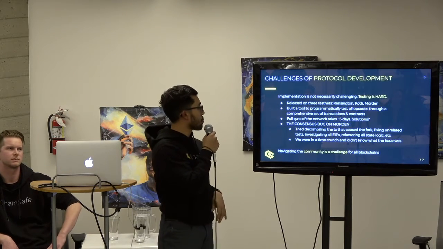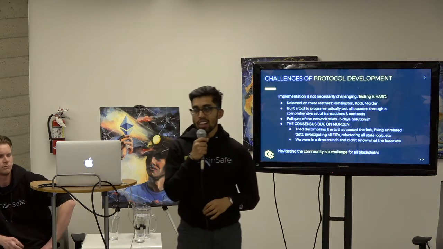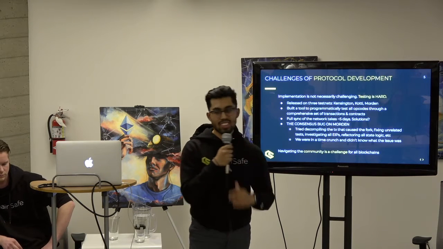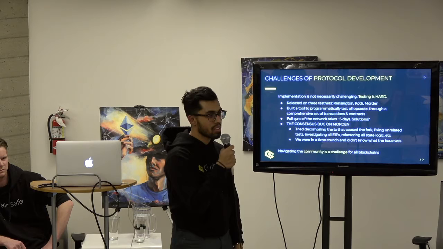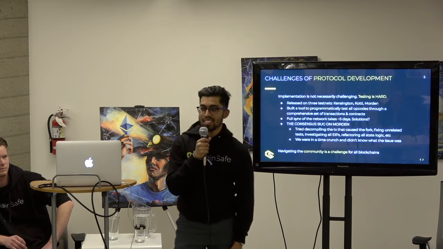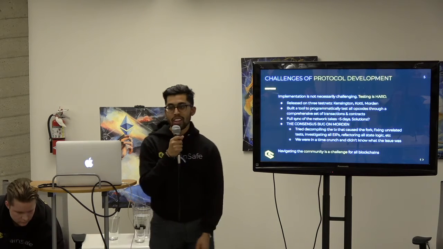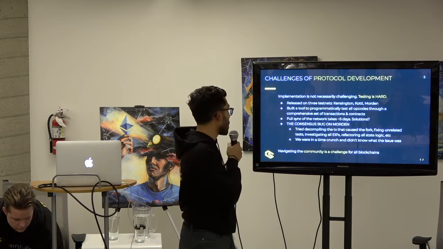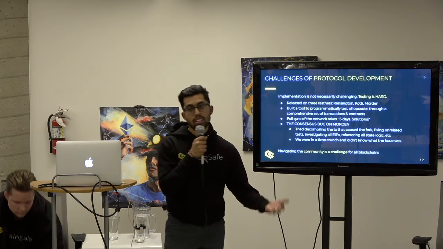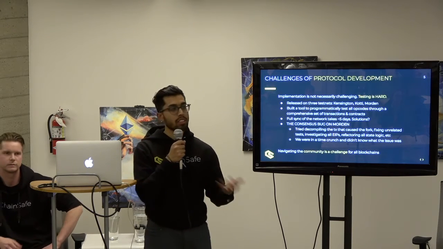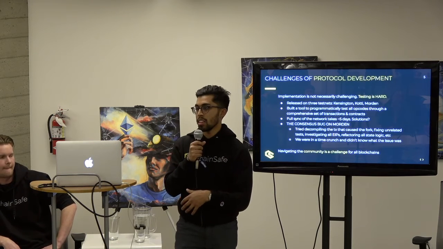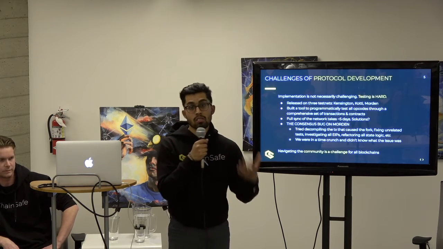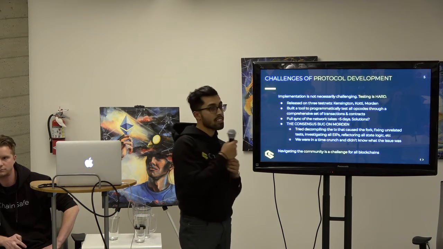I think this project actually taught us a lot. I really like the quote, "smooth seas never made a skillful sailor," because we were literally pulling out our hair for like a week with this project. Essentially it was during the testing phase, because the implementation was fairly straightforward. These were already implemented in Ethereum, so we were able to use a lot of that code. But the testing was really hard.